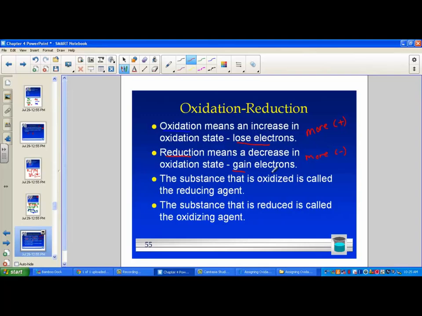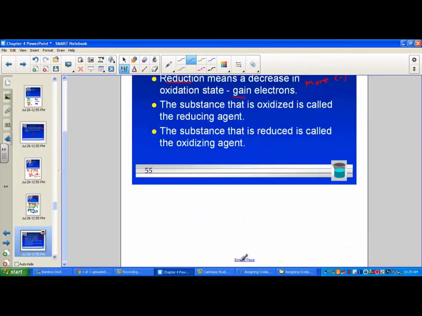There's a little saying that helps me remember oxidation and reduction. Some teachers I've heard use the term oil rig. Oxidation is loss, reduction is gain. However, the one that I've always used is Leo and Ger. There's a funny little sentence.